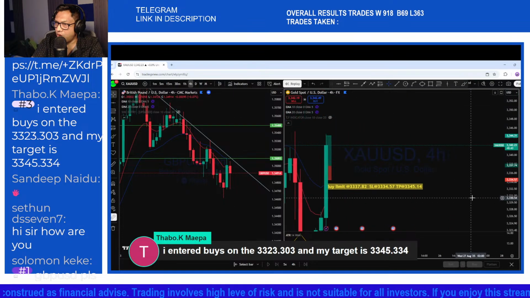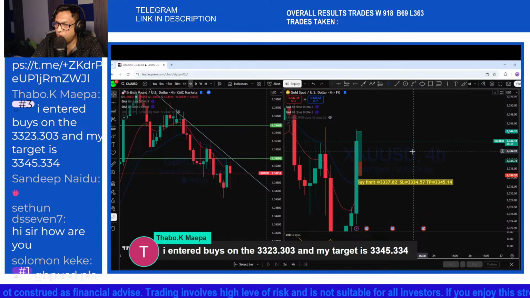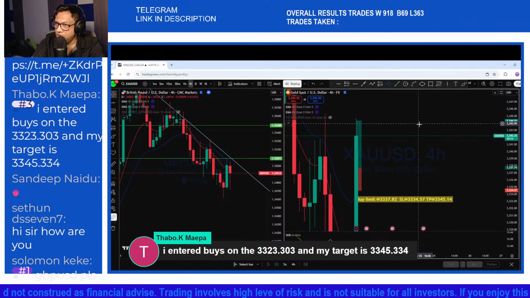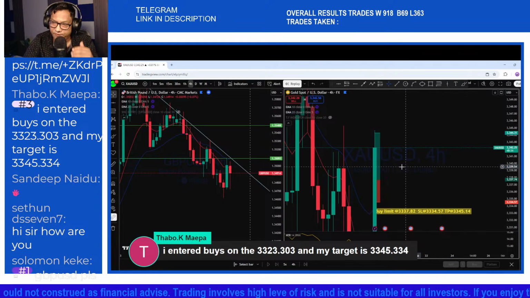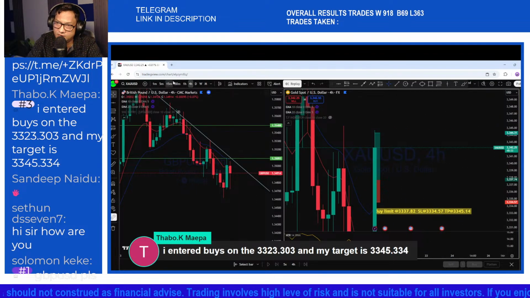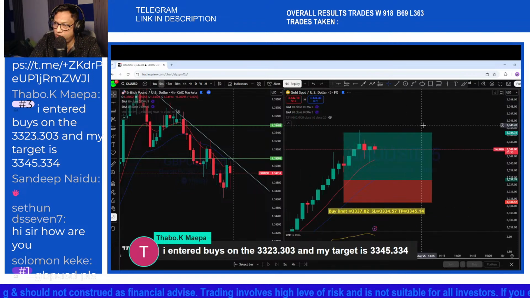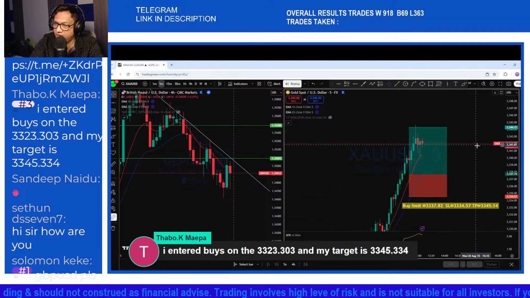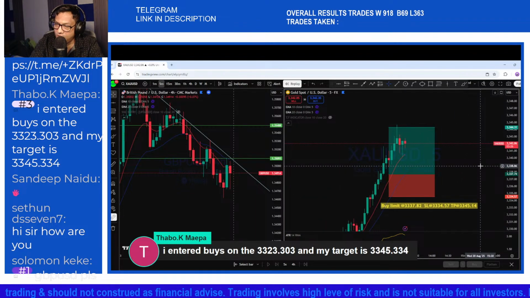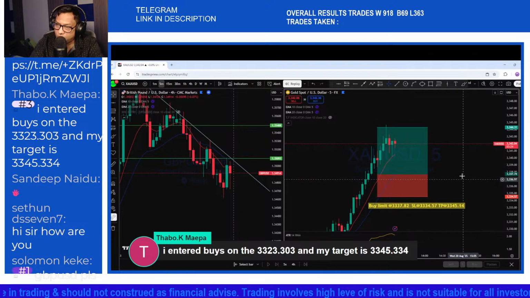If you look at the 4-hour here, this is a very big move on the 4-hour time frame as well. So it might happen that at the 4-hour close the market possibly gets back here. From the lower time frame, we can see the price is approaching.